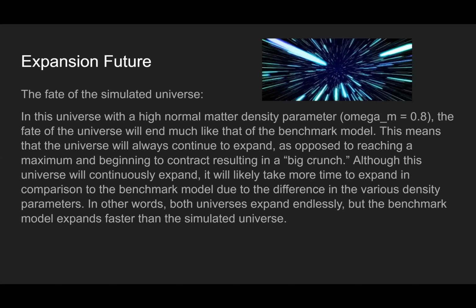Although this universe will continuously expand, it will likely take more time to expand in comparison to the benchmark model due to the extreme difference in various density parameters. So in other words, both universes are going to expand endlessly, but the benchmark model will actually expand faster than the simulated universe.